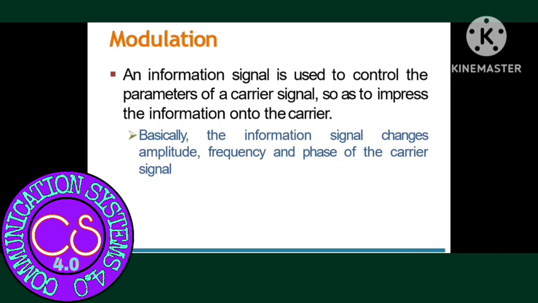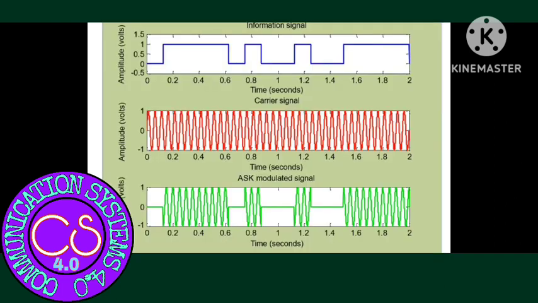So let us come to the detail. Now this is the basic information signal that can be called a user data signal or low power signal, and this is the carrier signal that is a high frequency signal. Actually this is a digital signal and this is a carrier signal, and here amplitude shift keying is the digital to analog conversion technique of modulation that is represented here.